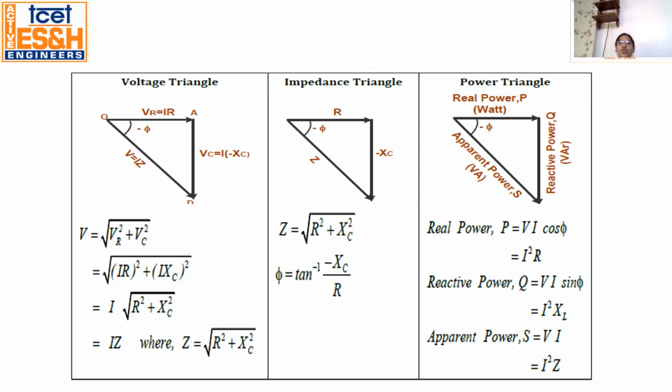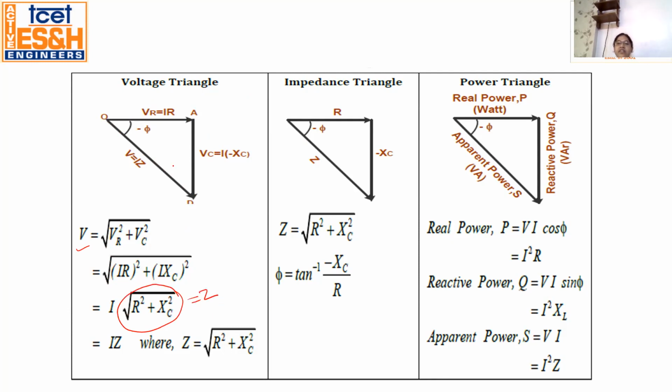So VR is equal to I into R, VC is equal to I into minus XC, and V is equal to I into Z. So you write V is equal to the under root of IR square plus IXC square. From here you take out the common I, and the remaining term is the impedance.